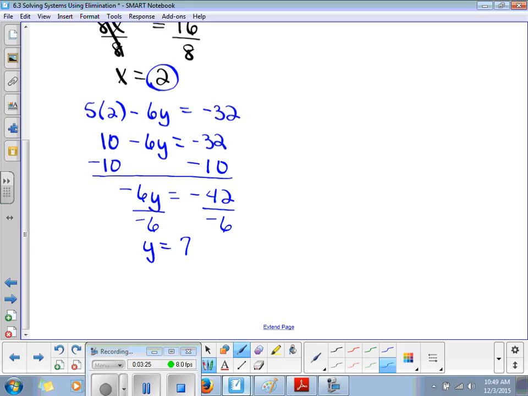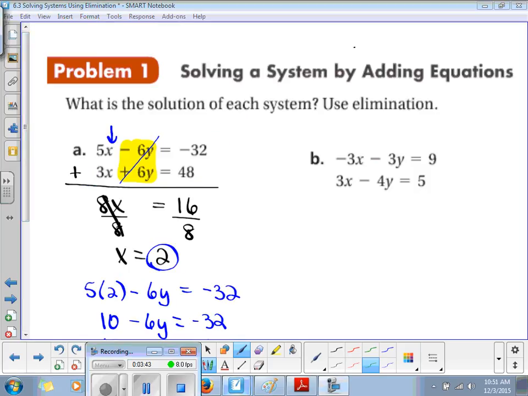So my solution then is x comma y again, which is 2, 7. Very good. 2, 7. So for the second example, we're going to add the two equations again.